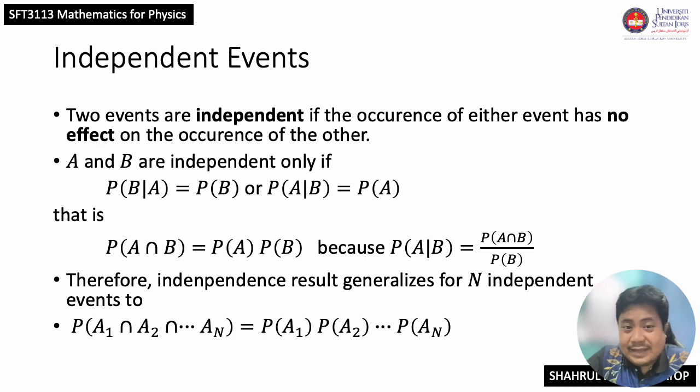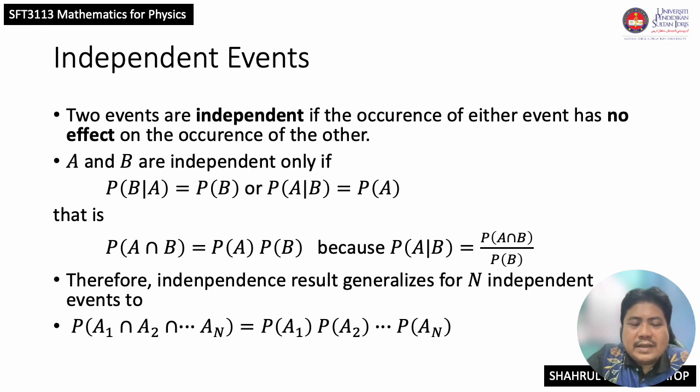From the previous slide, P(A given B) must equal P(A) for independence. So this is P(A) multiplied by P(B); the P(B) cancels, and you are left with this. So this is a rearrangement of this.